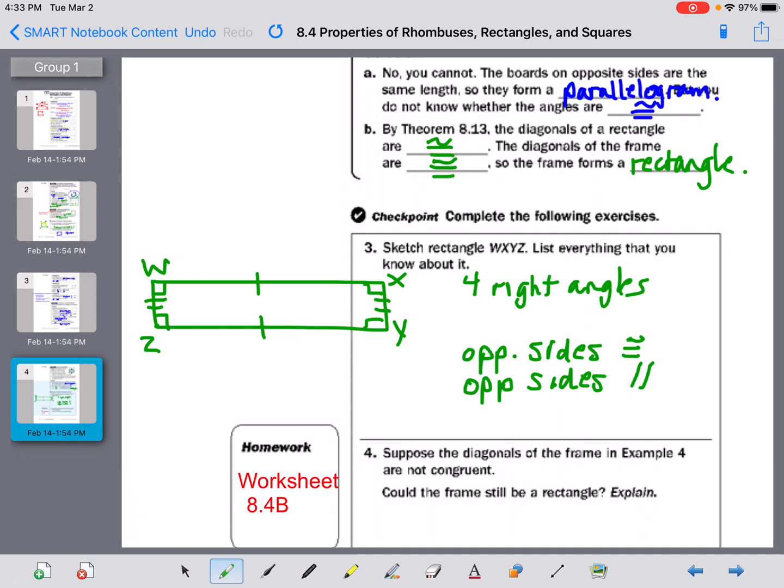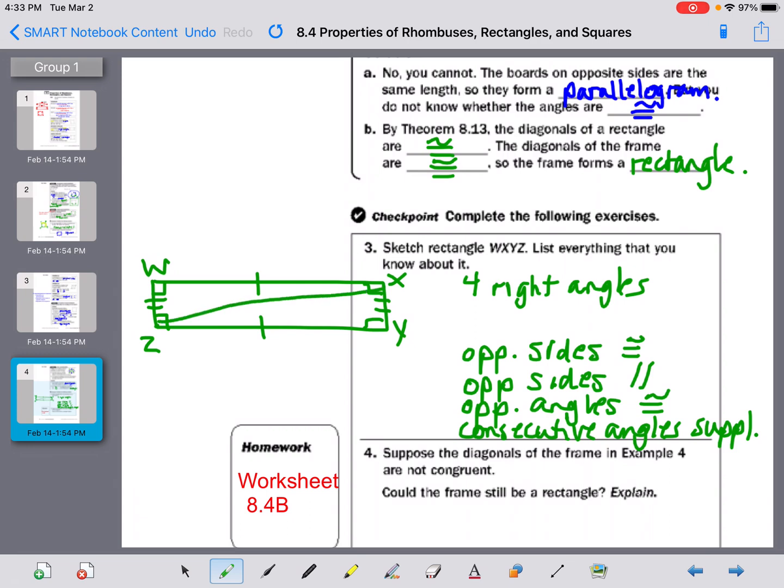I know this is kind of funny we say it, but the opposite angles are congruent, right? Of course, all the angles are the same, but also their opposite angles are congruent. Also, the consecutive angles are supplementary. Okay. Diagonals. What do we know about the diagonals? If I draw this diagonal and I draw this diagonal, if I was a better artist, my diagonals are congruent, right?